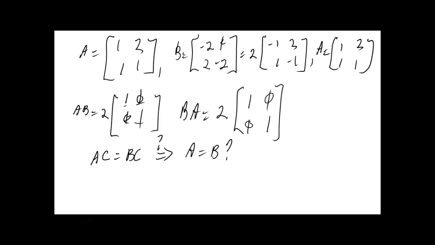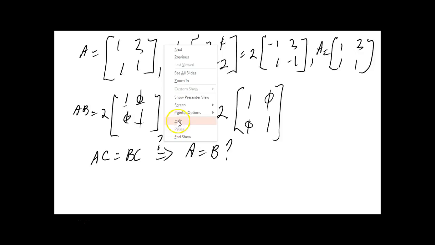So let's do the same thing with example 5. Sometimes I think it's just as easy to do this. Here's A, sticking with fairly simple 2x2s: 1, 3, 0, 1.